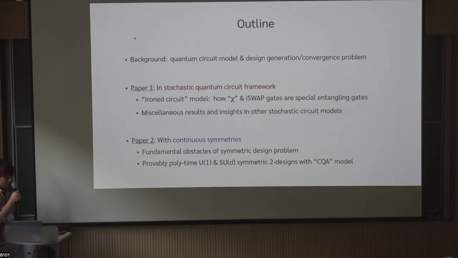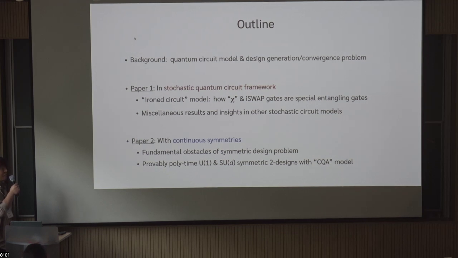And then for the second framework, we talk about these local circuits under continuous symmetries. So in the morning, we have heard some story about how the discrete symmetries work. But here, let's see why continuous symmetries pose very fundamental difficulties on this problem.